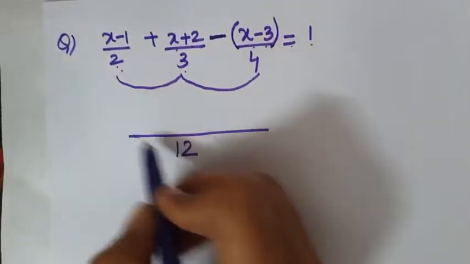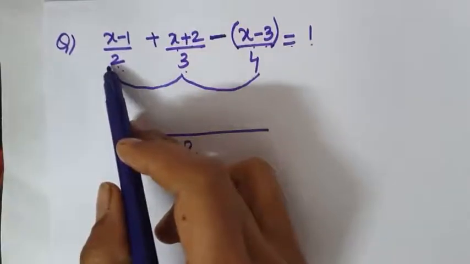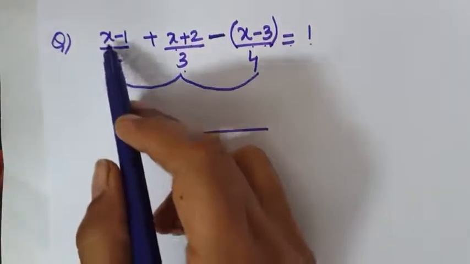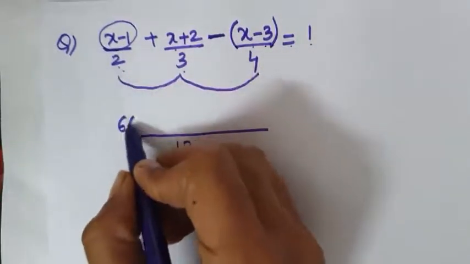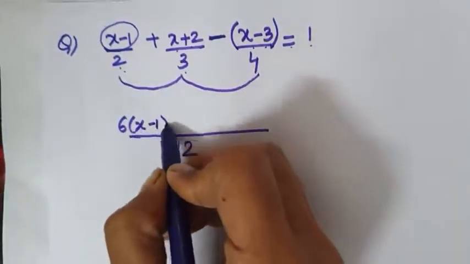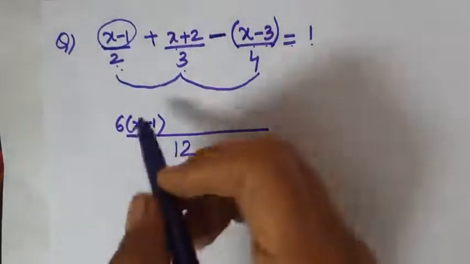And 12 divided by 2 is 6. And 6 will multiply with this whole number, that is 6(x minus 1).